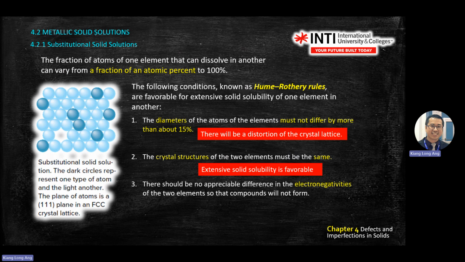The third one is that there should be no appreciable difference in electronegativity. Electronegativity is for chemical reaction. How do you know the electronegativity? In the periodic table. So this is group 1 and 2, and this is 6, 7, 8 here.